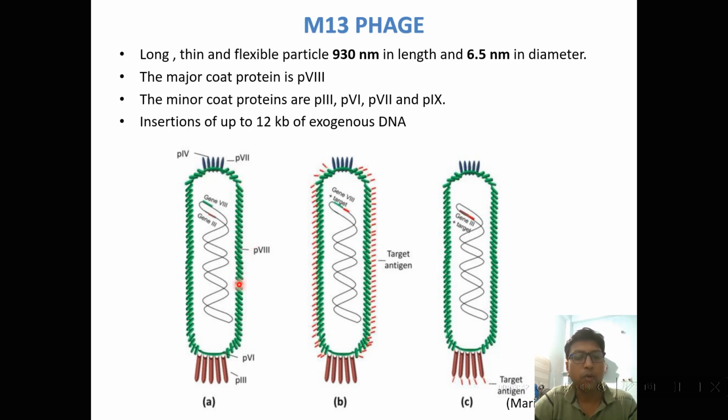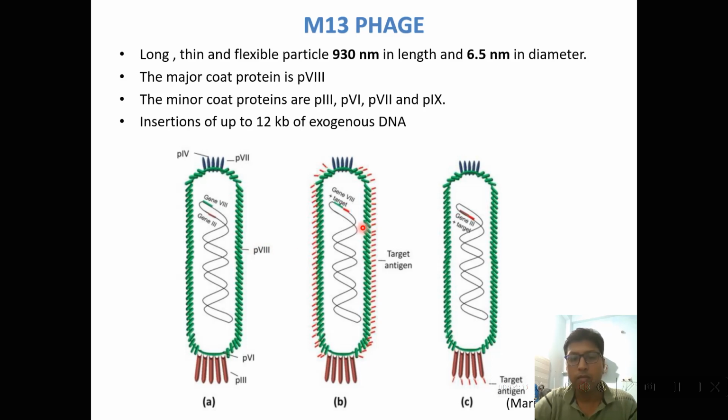The major coat protein is about 2700 in number, and the minor coat proteins are about 3 to 5 in number. Minor coat proteins are called P3, P6, P7, and P9 proteins, while the major coat protein is only one, the P8 protein.